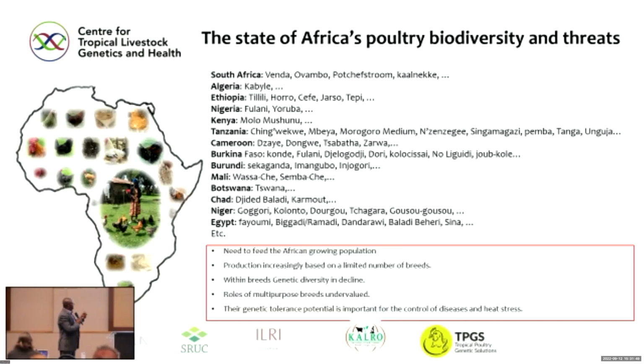And in different agroecological zones, we have some genetic diversity or genetic resources that we really need to conserve because their potential may be used for the development of the future poultry industry, not only in Africa, but worldwide. So that's why it is very important to locate, to target some of those animals that we consider very important and make sure that they are preserved.